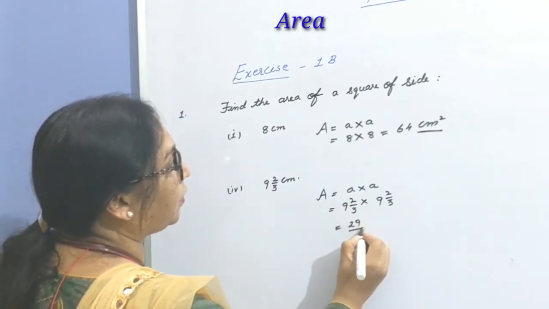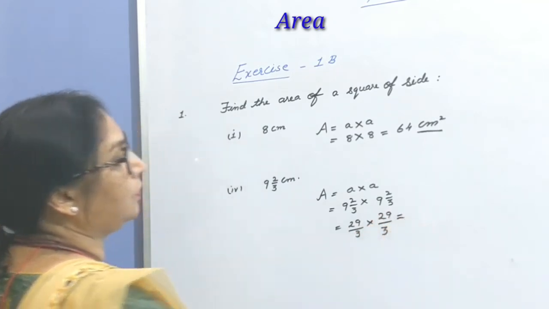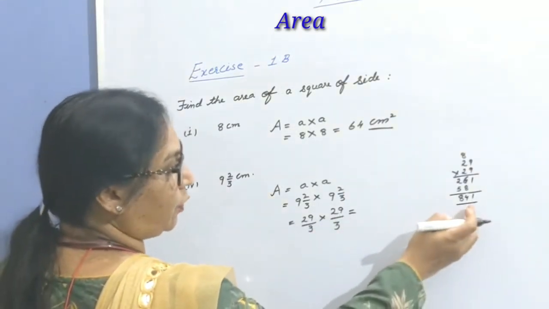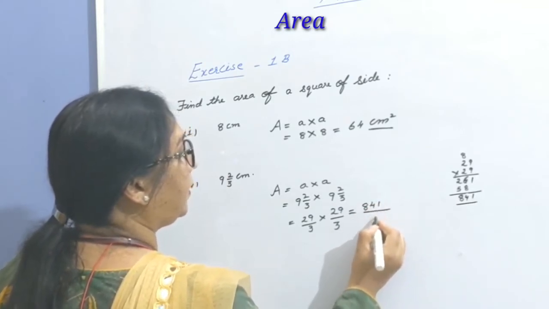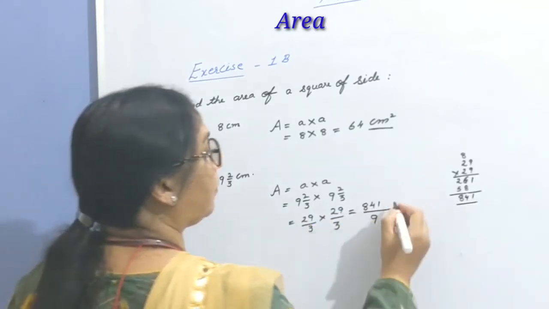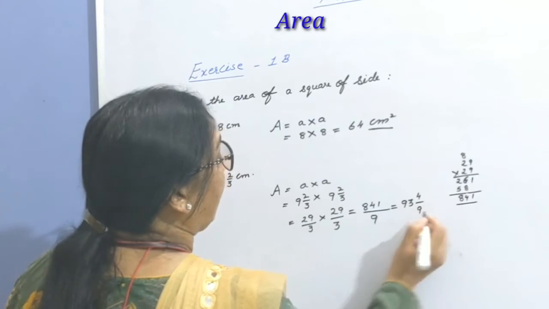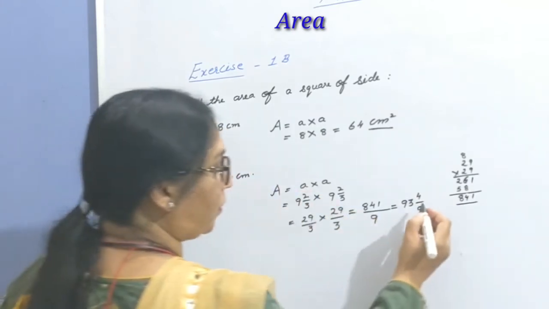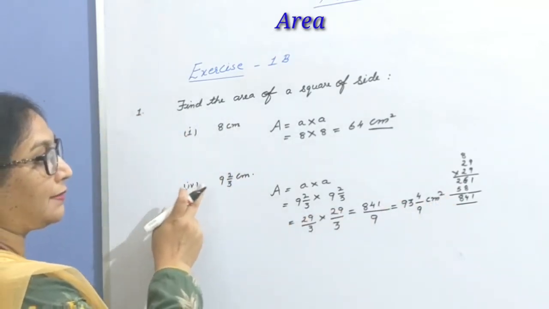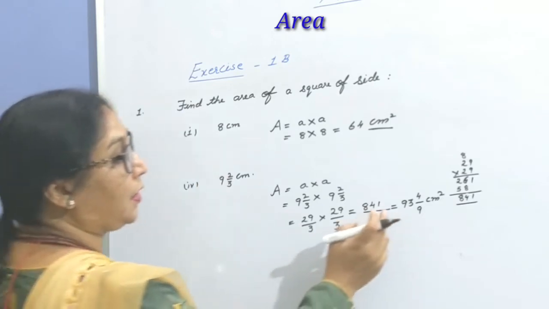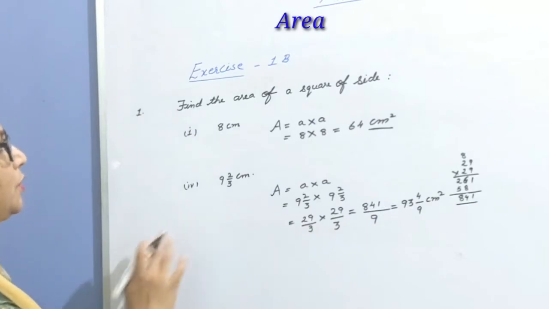So it's 29 by 3 into 29 by 3 equals 29 into 29, when you multiply in rough column, it's 841 by 9. Then convert into mixed number: 93 whole 4 by 9. As the length is in centimeters, the corresponding unit of area is centimeter square. Hence, the area of a square with side 9 whole 2 by 3 centimeter is 93 whole 4 by 9 centimeter square. Clear? Now let's move to question number 2.